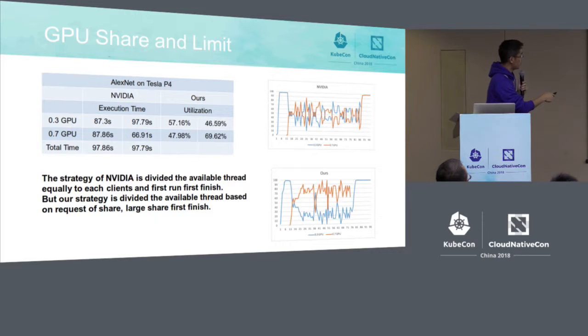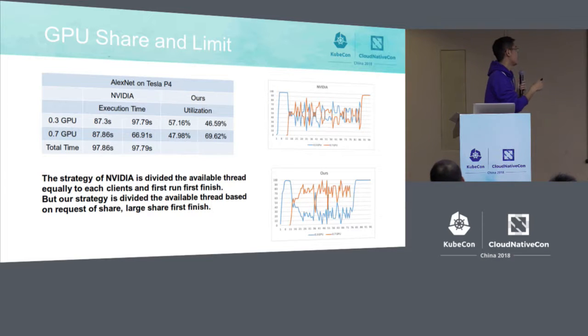But our strategy divides the available threads based on the requested share. The service with 0.3 GPU has a lower time slice than the one with 0.7 GPU.